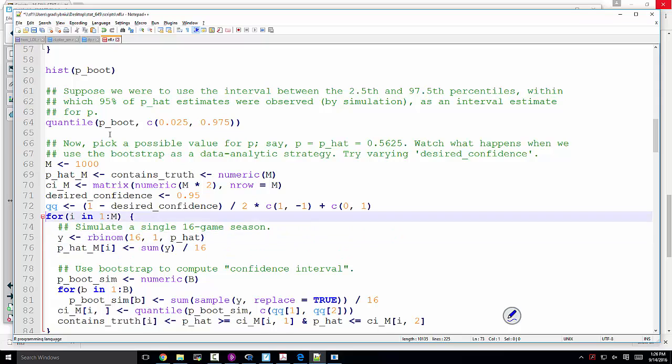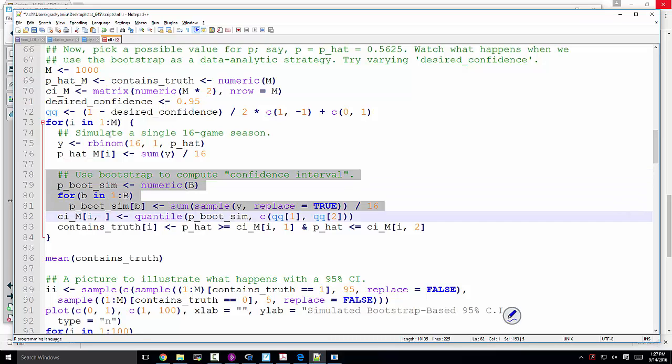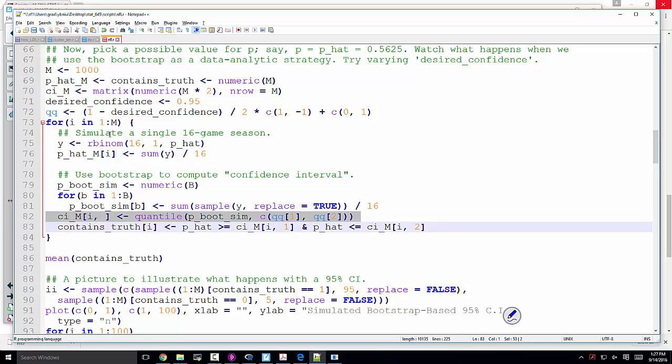So inside this loop, over capital M simulations, we're going to start by getting a sample season. We can compute our observed statistic, p hat, for that sample. And then to do inference, to get a confidence interval, we can do the bootstrap. So inside that first loop, over 1,000 iterations, simulate a sample, then do the bootstrap, and then use the bootstrap to get percentiles.